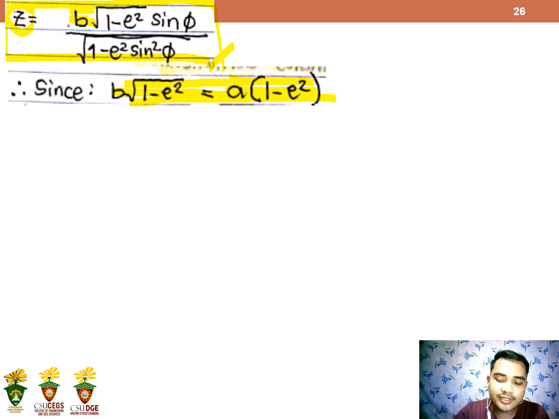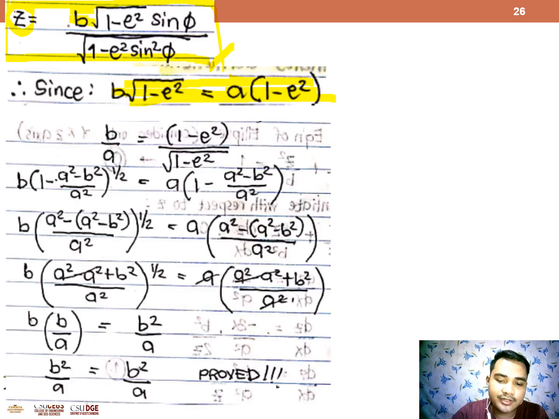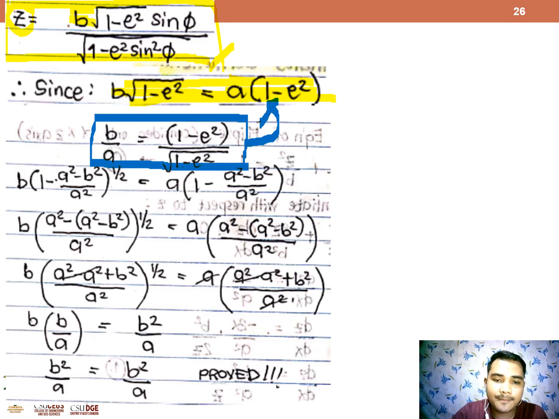Or it can also be this equation: b over a is equal to 1 minus e squared all over the square root of 1 minus e squared. They are equal, so to prove that this is really equal, we will prove it in our presentation.